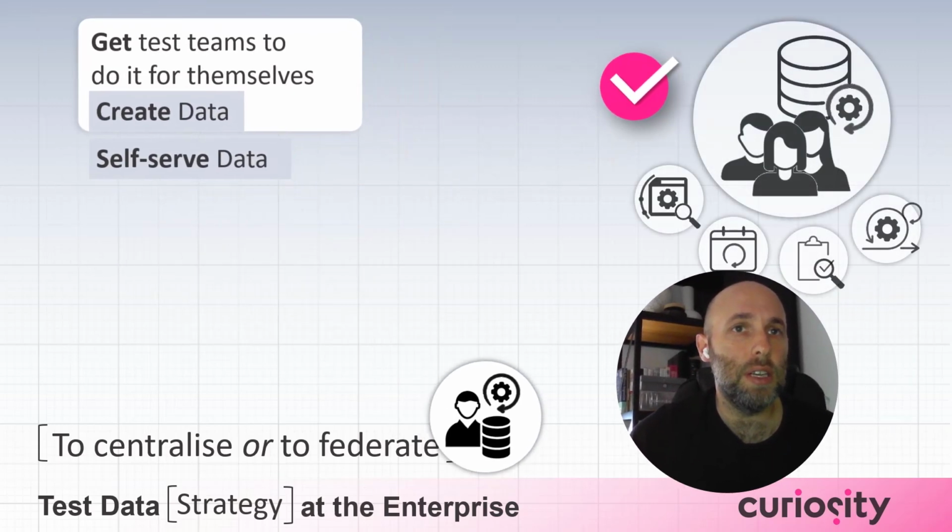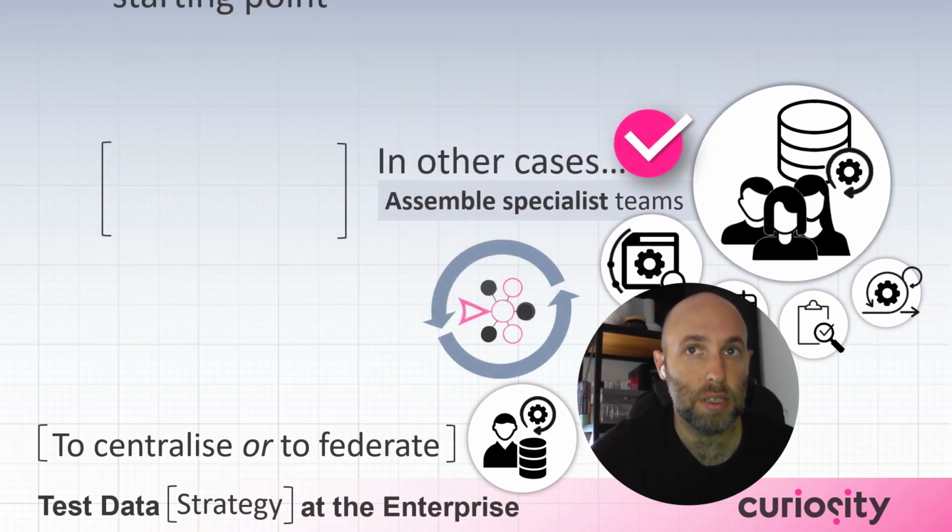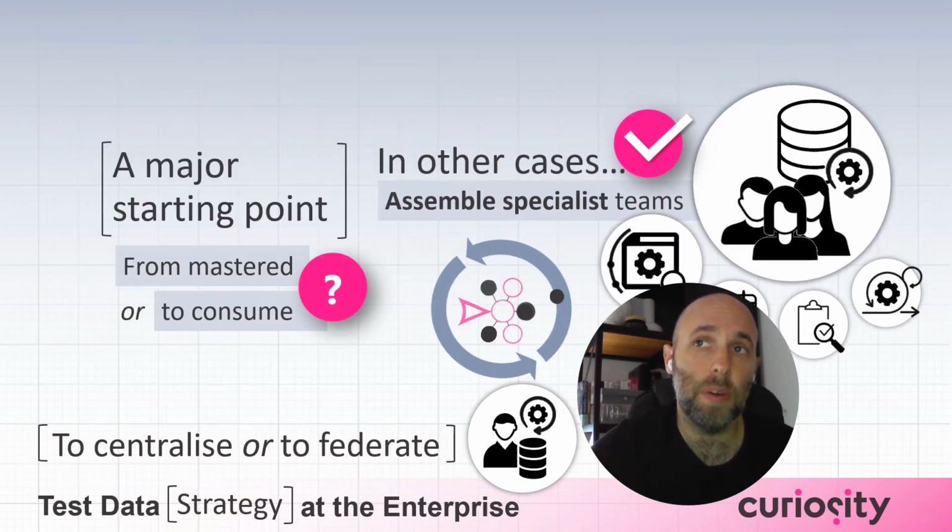You are probably going to need a specialist team to create the capabilities for test data, but also to engage other support functions in your organization, IT security being the obvious example to use. Whether a test team happens to be testing the system where the data is mastered, or they just want to consume the data from another system, is a major starting point.